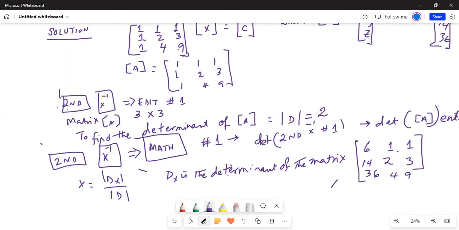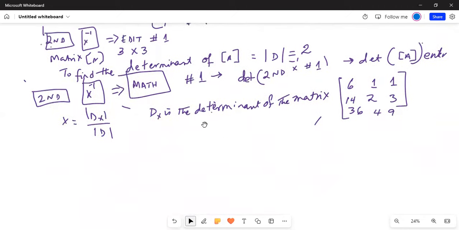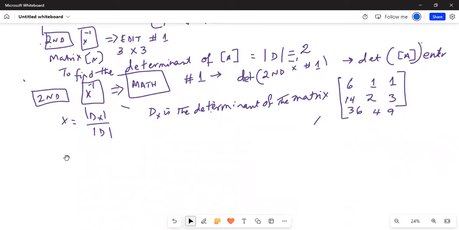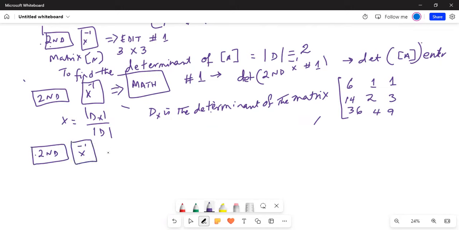So what do we do? Let's press the second button, then x minus 1, then we go to edit, and then we go to number 2, which is matrix B. Make matrix B a 3 by 3 matrix, and inside the matrix, enter the information.